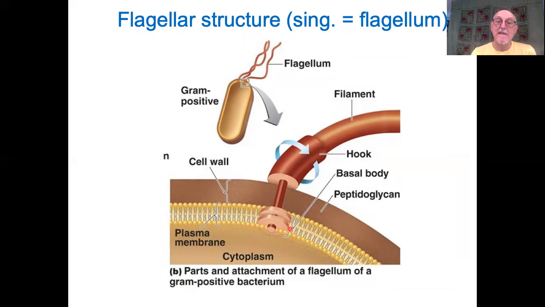These discs here are proteins. And this whole system uses ATP, and the ATP actually drives these discs around, and the flagellum spins like a screw-shaped propeller, and the cell moves.